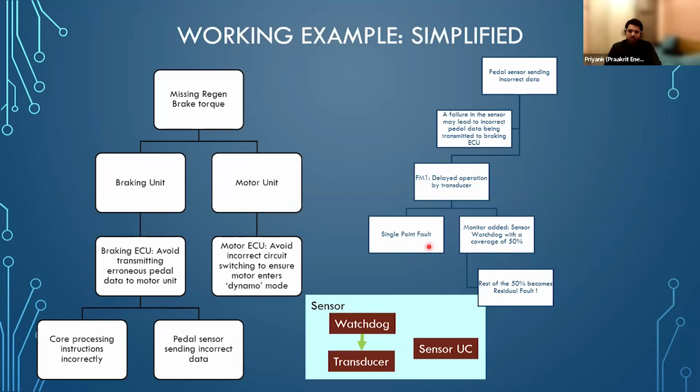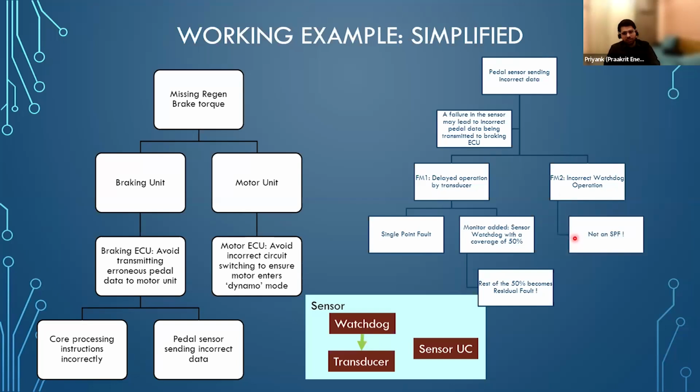Now, this we considered. But what about the watchdog? Because now the watchdog is a part of the architecture, and it can also work incorrectly. The job of the watchdog is to monitor the transducer if it's not pinging at all. But if the watchdog itself fails, it is not an SPF, because the failure of a watchdog will become critical only if the transducer also fails.